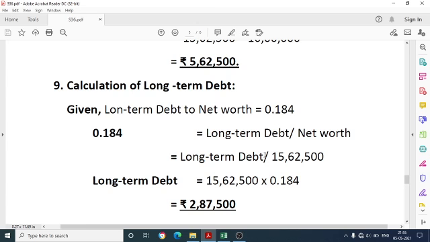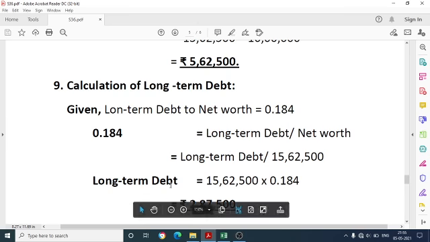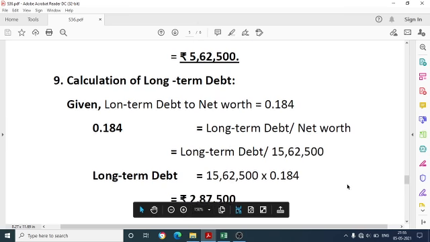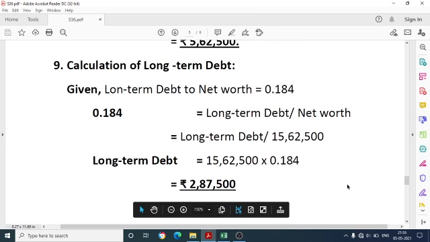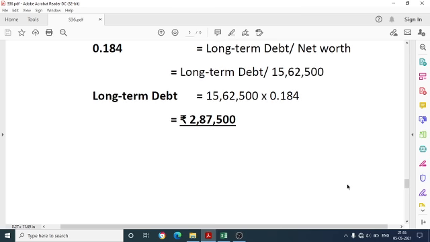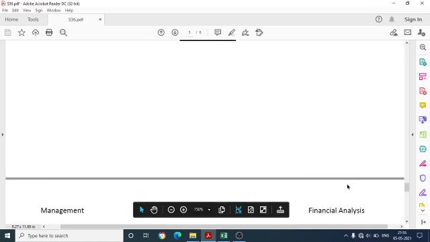Net worth we just calculated, 15,62,500, so multiplied by 0.184. That will give you long-term debt, debenture or long-term bank loan we can take, 2,87,500. So with the help of the ratios, we computed all the values.